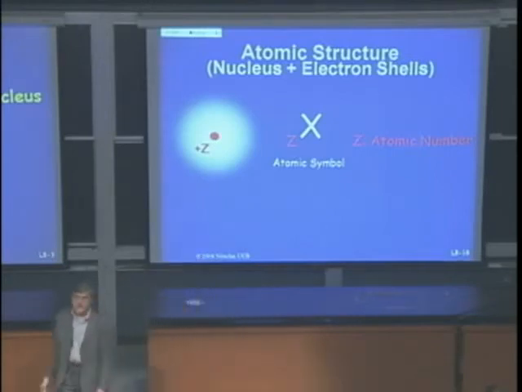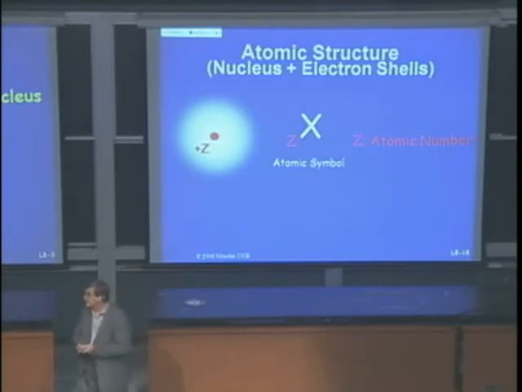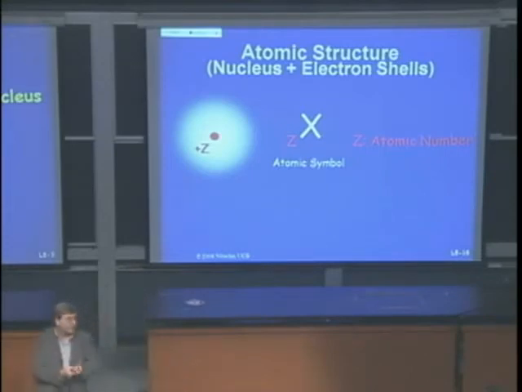Neutrons. They are neutral. The protons and the neutrons make most of the mass of an atom or an element, because the electrons are about 1,000 times lighter than a proton or a neutron. So you need about 1,000 electrons to get the mass of one neutron.